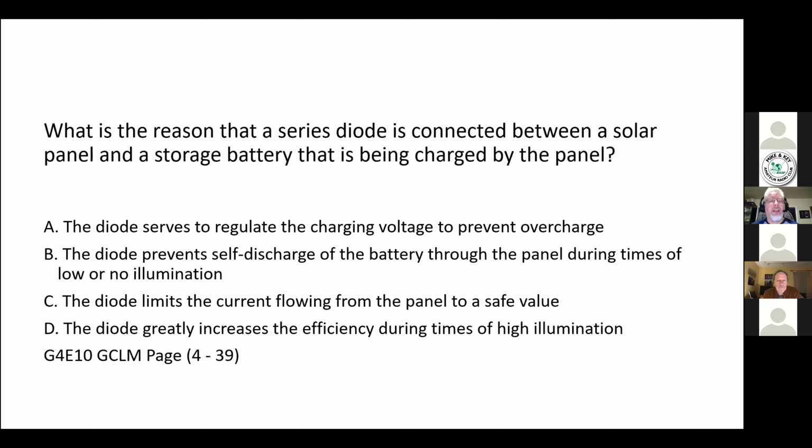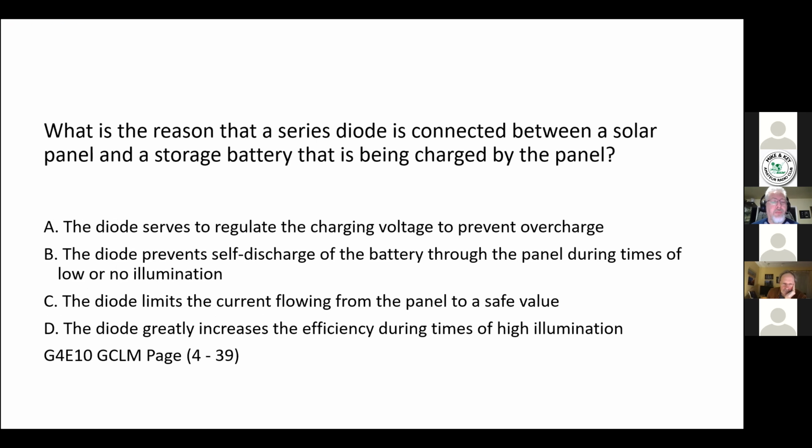What is the reason that a series diode is connected between a solar panel and a storage battery that is being charged by the panel? A, the diode serves to regulate the charging voltage to prevent overcharge.